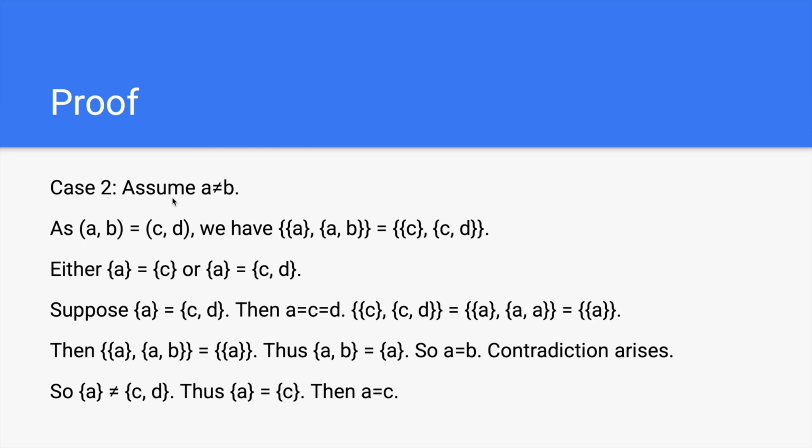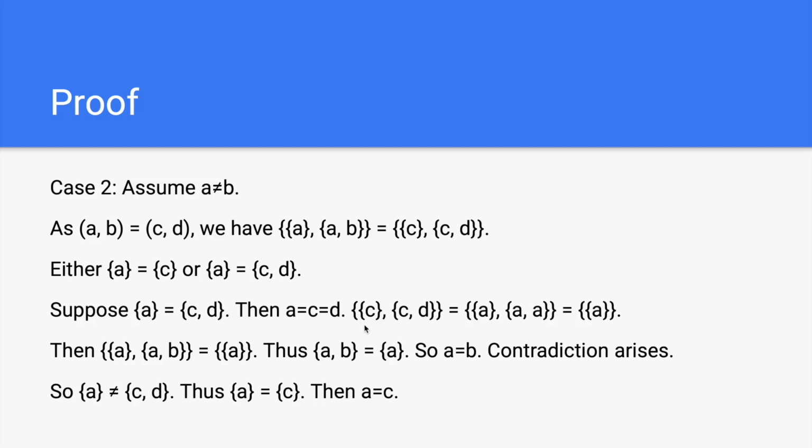Case 2, assume a is not equal to b. As (a, b) equals (c, d), we have this expression. When we are matching {a} to these two sets, inside this bracket set, we have either {a} equals {c}, that is, this corresponds to this one, or {a} equals {c, d}, that is, this corresponds to this. Suppose we have this statement, then we know that a equals c equals d.